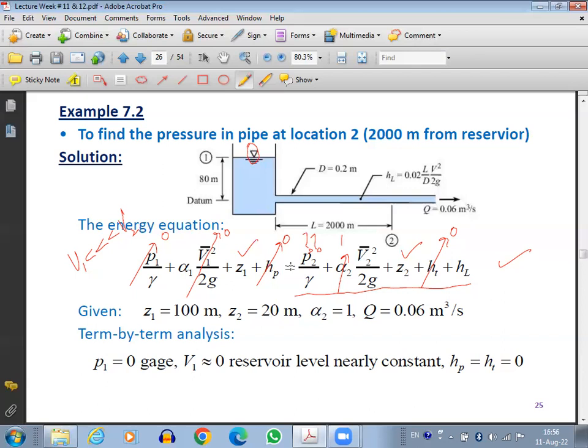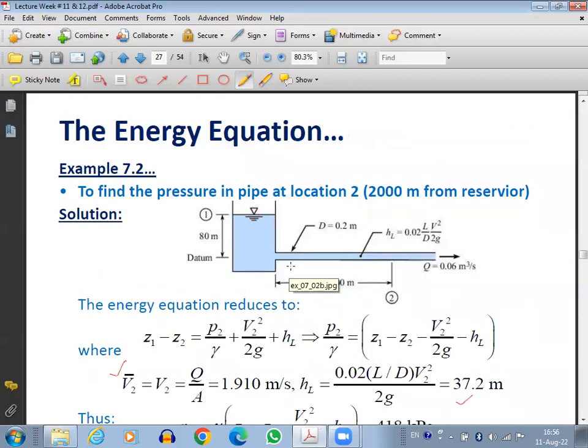So this thing is not done here, but could be asked in the exam. I give you this problem and you solve it the way it is solved here. And then I ask you to consider if the flow is inviscid, then what will be the pressure at 0.2? And see the difference.